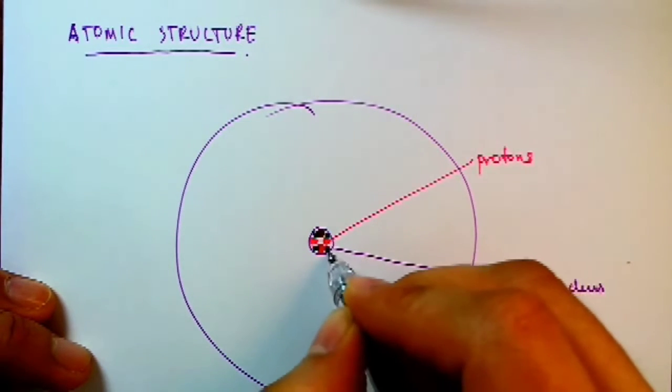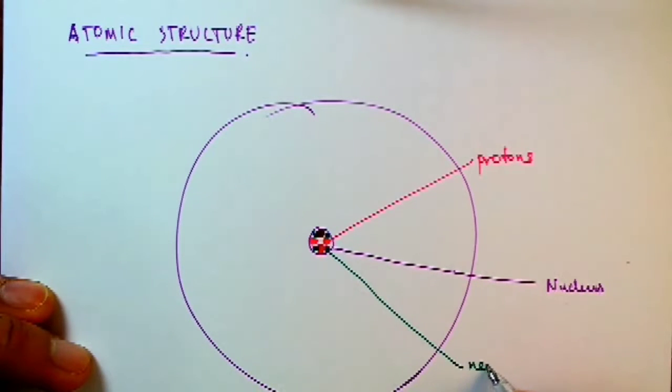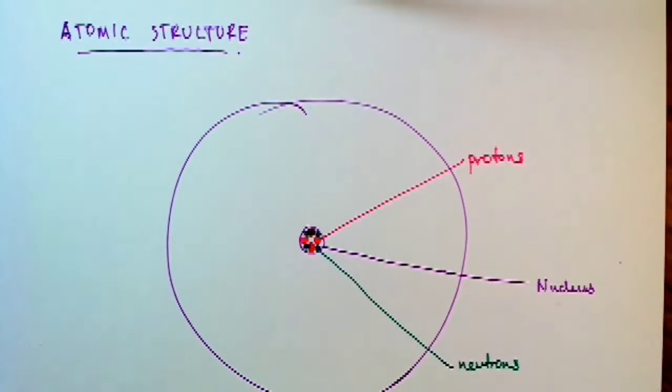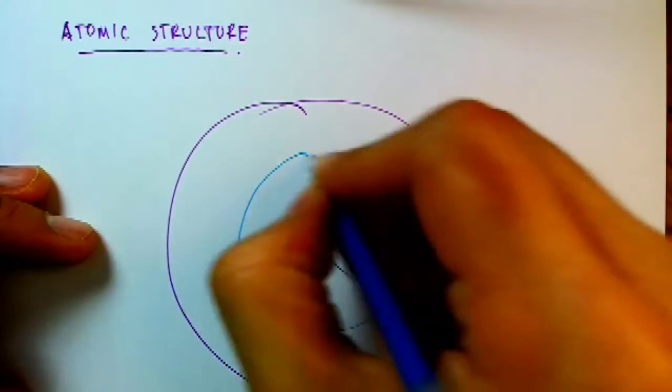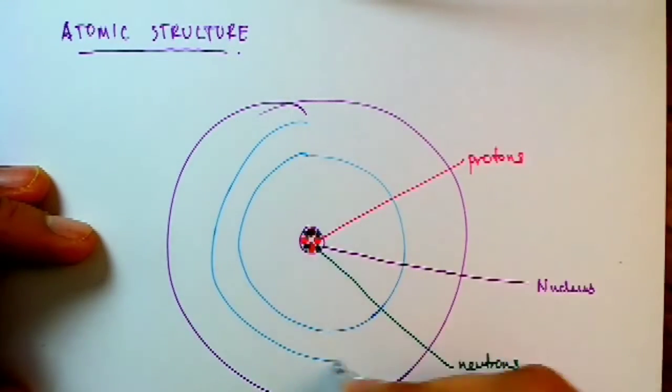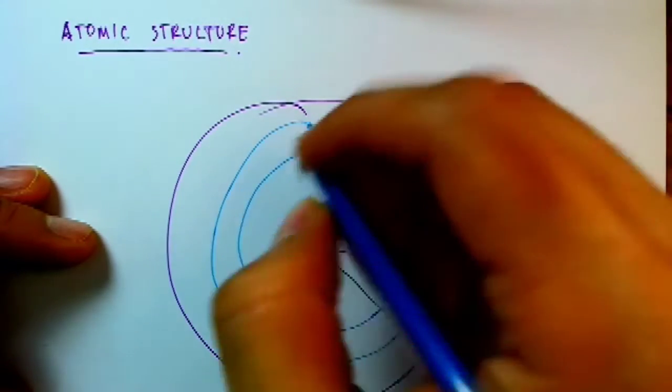Those are neutrons. This is the nucleus structure, but around the nucleus, we all know electrons will be rotating. Around the nucleus, what will be there?